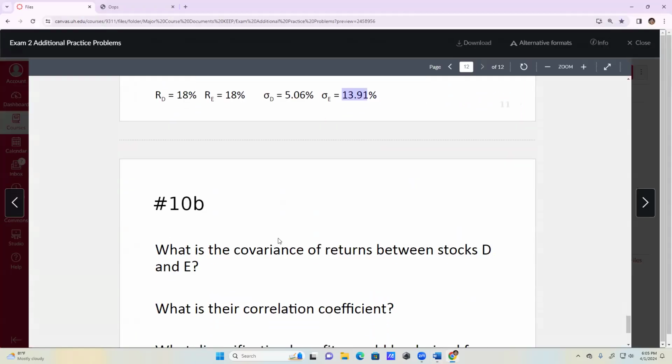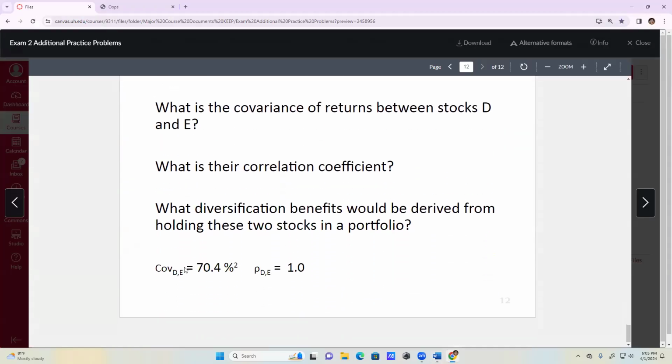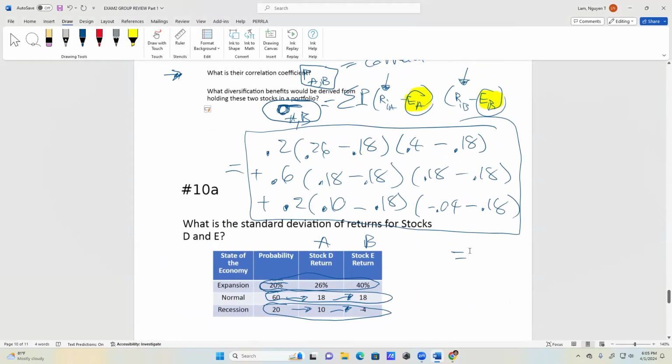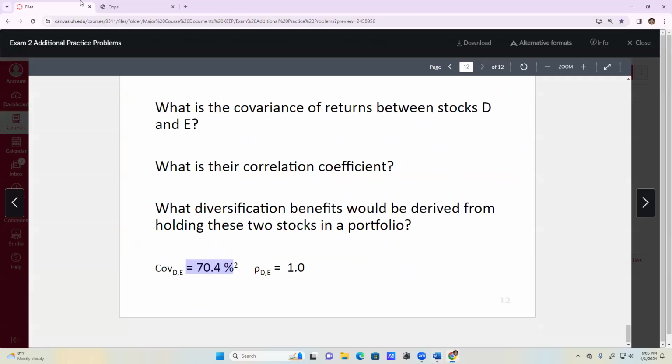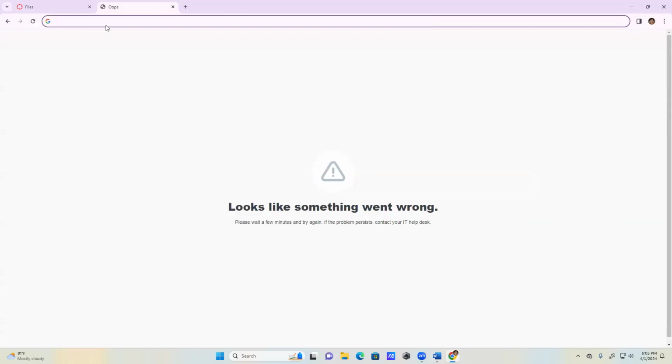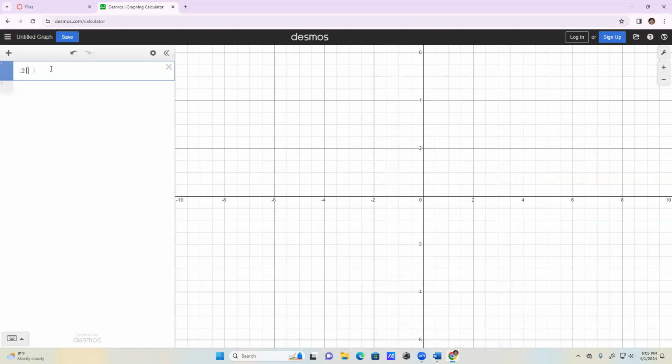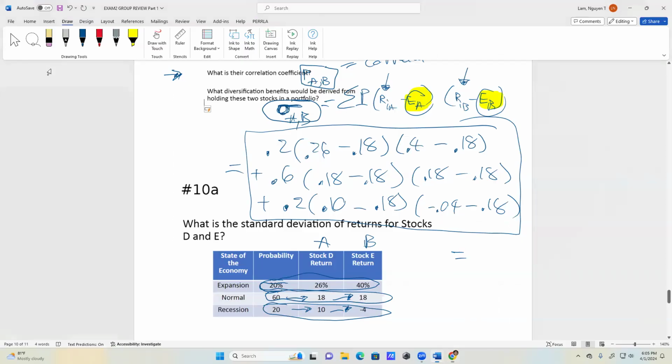Okay, let me double check real quick. The covariance turned out to be 70.4. Actually, I will show you guys if I input this correctly or not. Decimals. Let me input that real quick for you guys, because something I found could be helpful here.